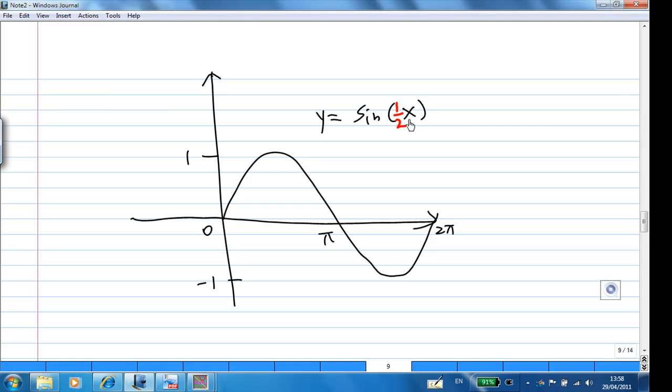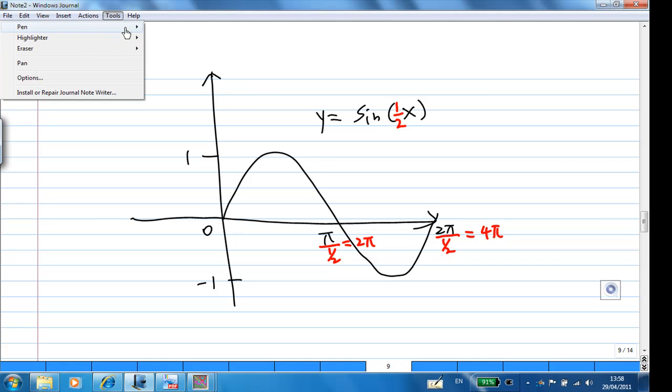So what you do is divide all the scale along the x-axis by half. So divide this by half, what do you get? You get 4 pi. Divide this by half, you get 2 pi. Divide 0 by half, you get 0. So the whole curve will change to something like this.